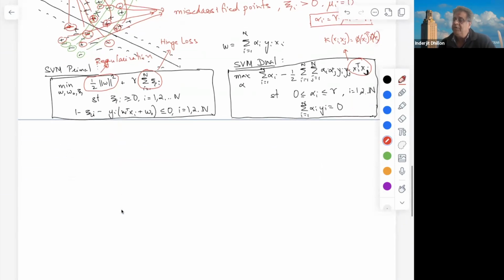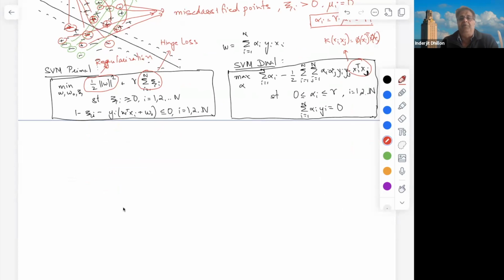I'll show you how to write the SVM dual in a much more compact form. You see how long it takes me to write it. Let me define X: let me stack up all the training data as the columns of this matrix X. This is something that we did, for example, in least squares problems.